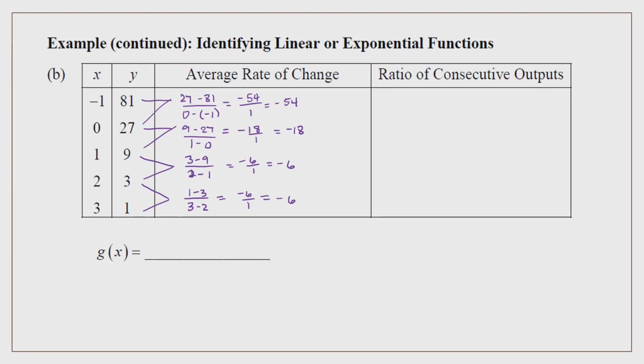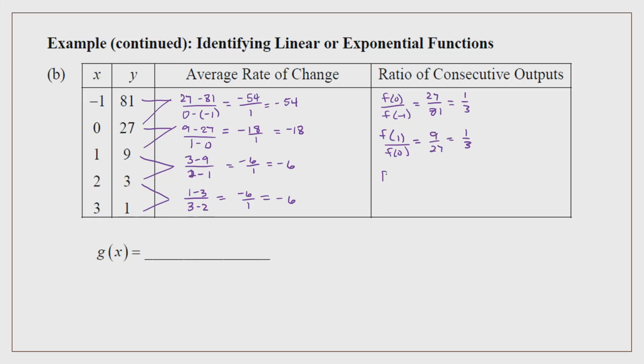So let's see if it is an exponential function and all of my ratio of consecutive outputs should be the same constant value. So let's first start off with f of 0 divided by f of negative 1. So that's 27 over 81, which simplifies to 1/3. Then I'll take f of 1 over f of 0, which equals 9 over 27, which simplifies to 1/3.